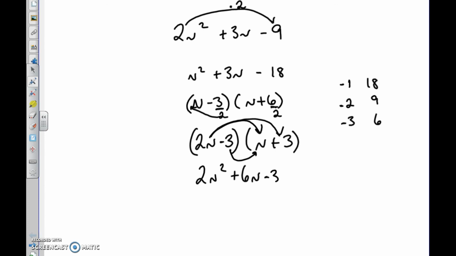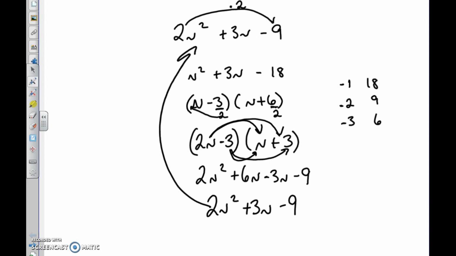That's going to be the minus 3n in the middle. And then negative 3 times 3, sorry, is negative 9. When I combine like terms here, we end up with 2n squared minus 3n, plus 3n minus 9. And if I look here, this is the exact same thing that we started with, so we have factored it correctly.